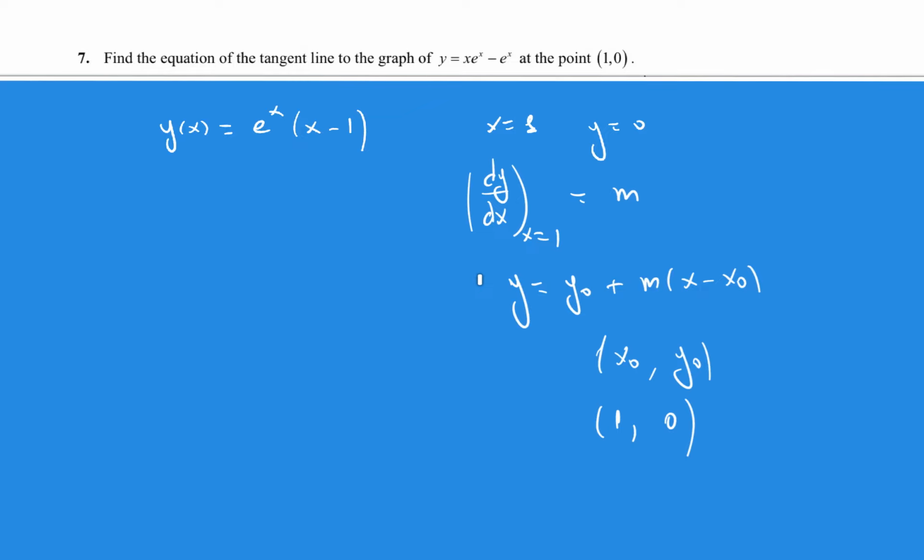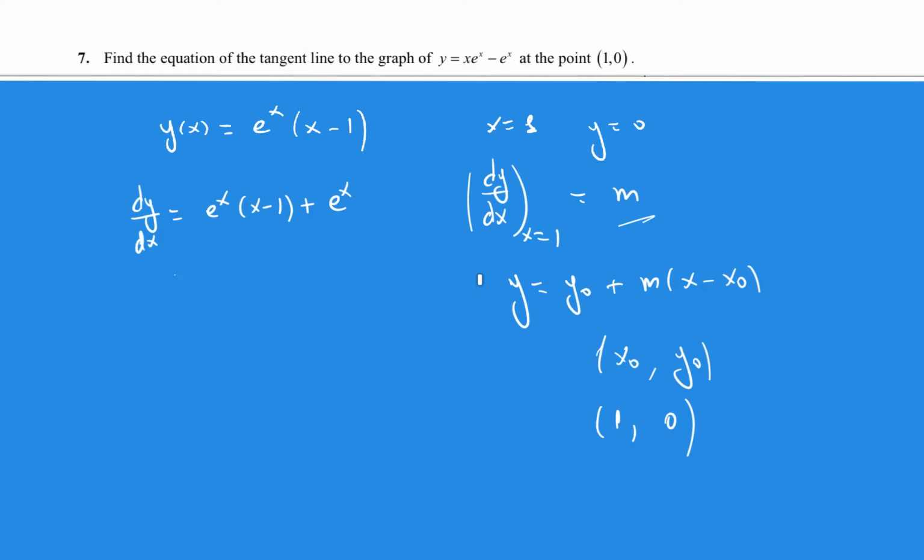So what is the derivative of y with respect to x? I need to know the derivative of y with respect to x at the point x equal 1. The derivative of y with respect to x is the derivative of the first by the second plus the first by the derivative of the second, which is 1.